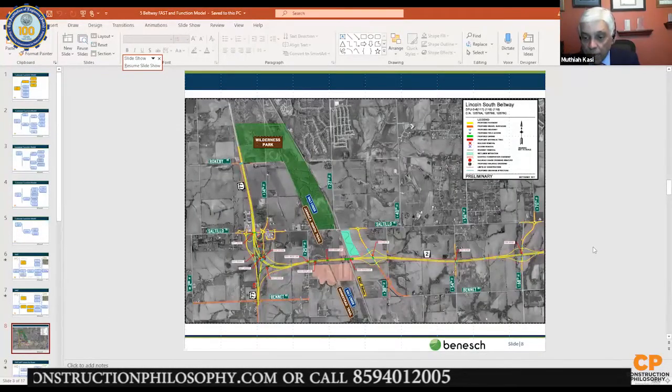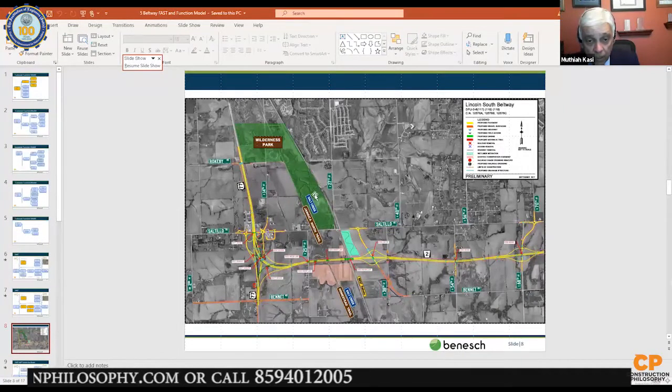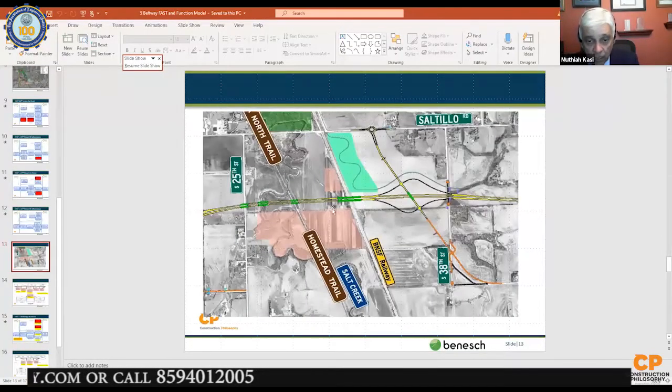There was a new bypass we're building, which had major interchanges. And it also has a railroad crossing here. I'm only going to talk about this railroad bridge in my function cost. This is a railroad bridge, and here is an interchange.